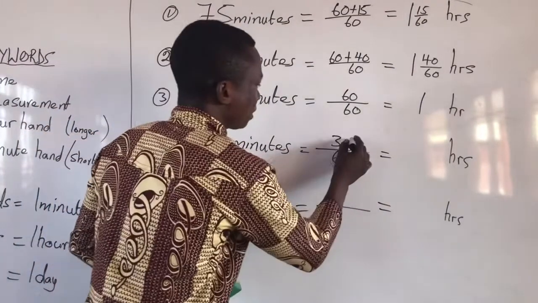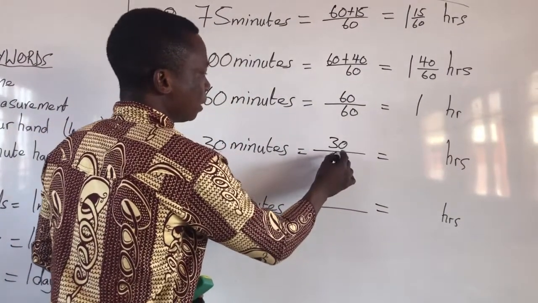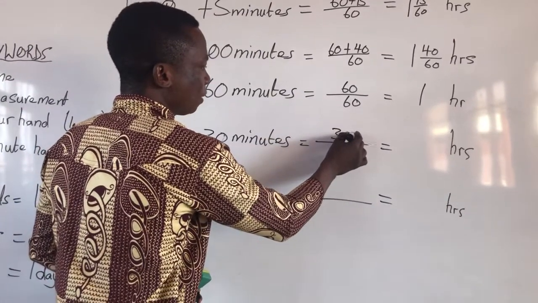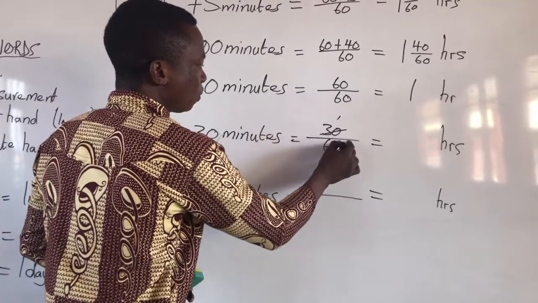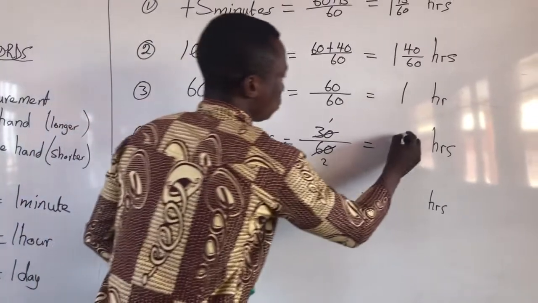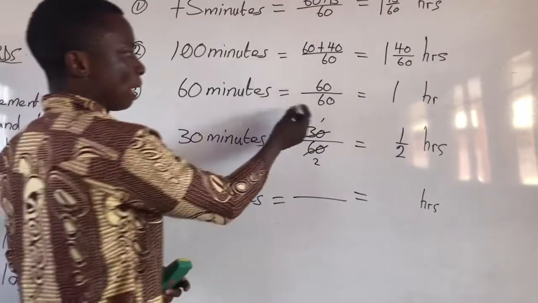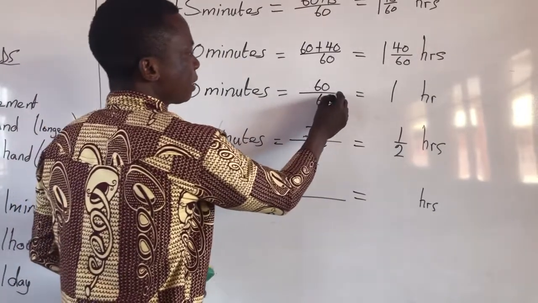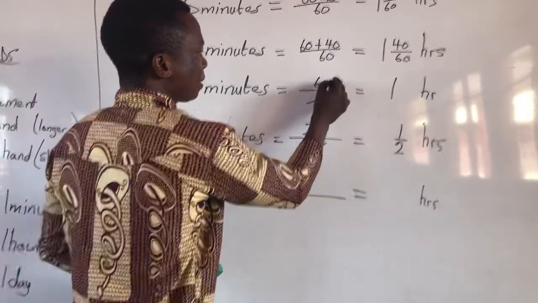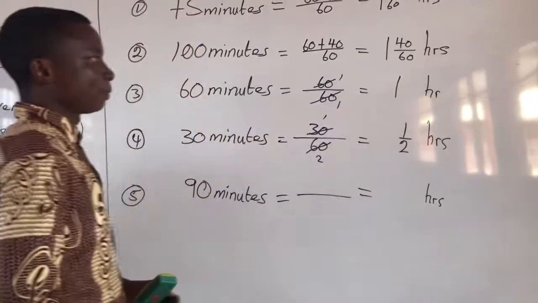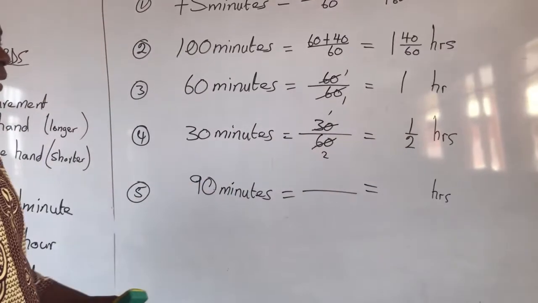This 0 can cancel this 0. The 6, 3 can go into 3. How many times? 1. So 30 will go here, 1. 30 will go here, 2. So it is the same as half an hour. This one we can still cancel here. 60 here, 1. 60 here, 1. That 1 over 1 is the same as 1. We can continue the rest like that.